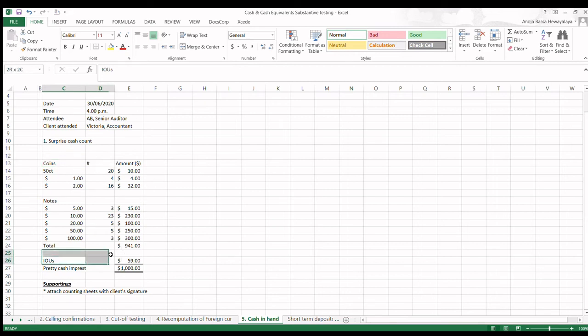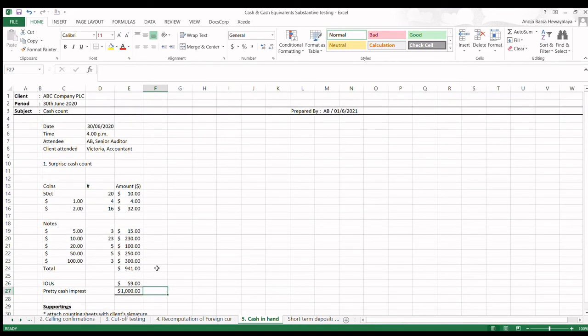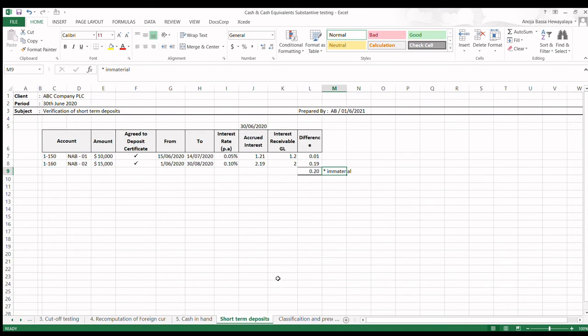And the cash balance they had in the locker, and the total of IOUs, if you add these two together, it should agree with the petty cash imprest. And if there is any difference, that's a control deficiency, and we should raise that in the management letter and also inquire about that.